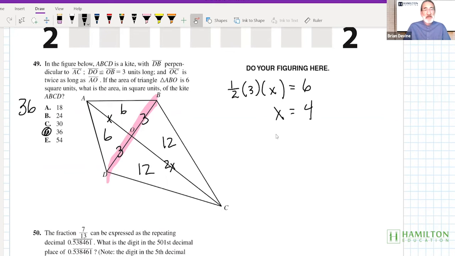So then 2X would be 8, which right away tells me that triangle COB would have area of 12, and boom, boom, boom. But once you saw that the heights of those two triangles were double, then the areas must have been double.